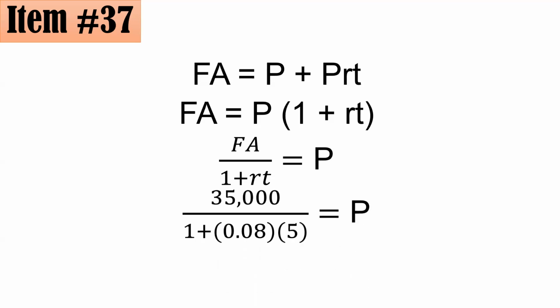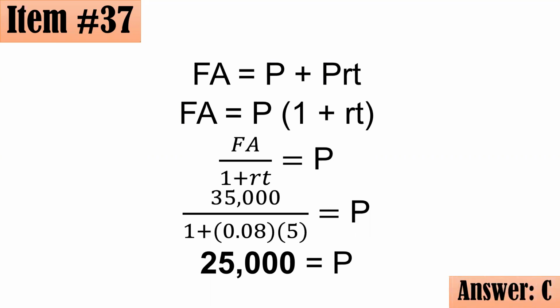By substitution po, ito ay magiging 35,000 all over 1 plus the product of 0.08 times 5. Substitution lang po. And by using our calculators, we could see na 25,000 pesos po yung ininvest. Letter C. Wow! Congratulations. Good job po.